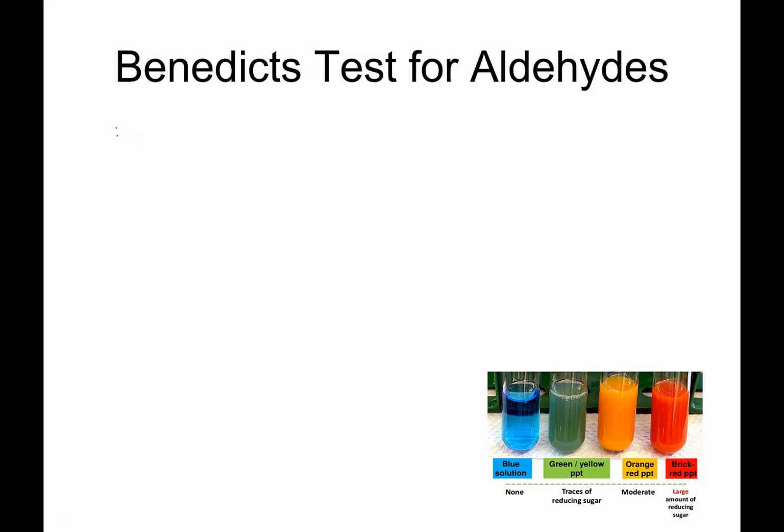The Benedict's test is also very specific. You may have used the Benedict's test in biology to look at what's called a reducing sugar. So the reagent is we react our aldehyde with copper-2 ion and hydroxide. Again, the aldehyde is oxidized, the copper is reduced. That means the copper gains an electron.